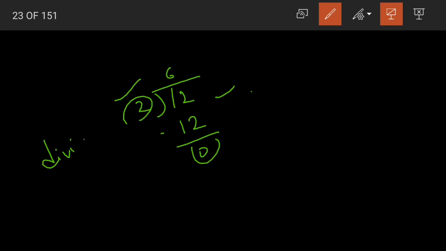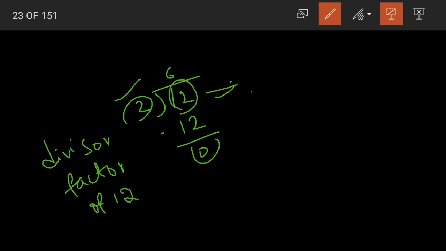So here the divisor 2 becomes our factor. 2 is a factor of 12. And 12 is a multiple of 2, children. Understood? 2 is a factor of 12 and 12 is a multiple of 2.